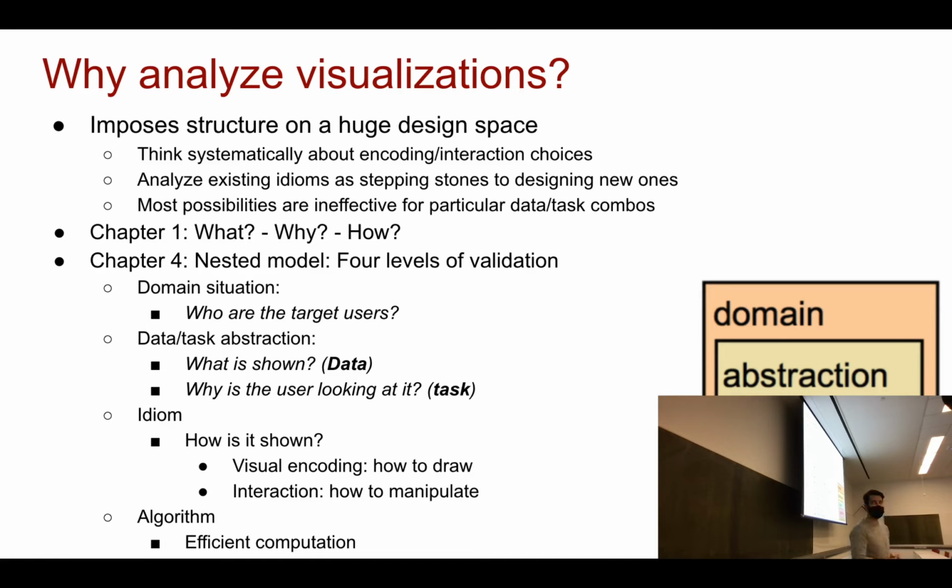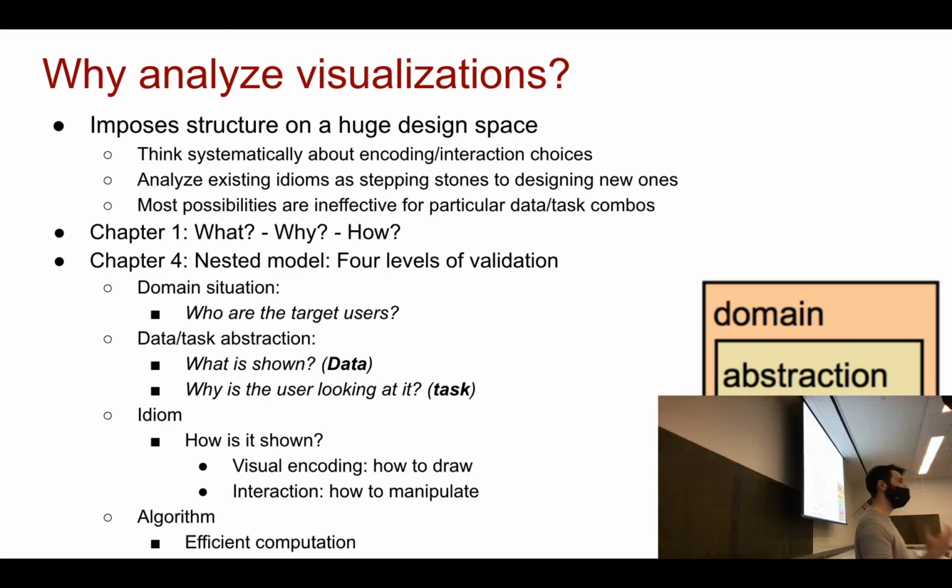So we do have a textbook for this class that's fully online. Chapter 4 in that textbook, which we'll get to in a week or two, talks about what it calls a nested model. So four ways you can think about designing and validating visualizations.